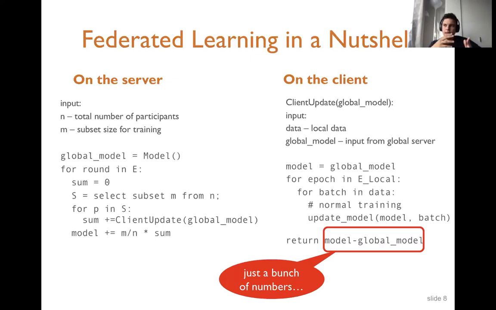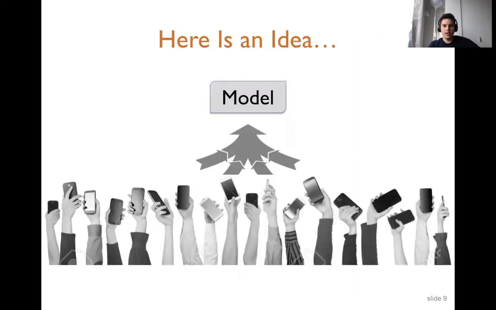And it results in a very interesting side effect where before, the server or the company could have just looked at the data and seen if the data is good or bad. In this case, what you send is a model. And in fact, it's just a bunch of numbers, just matrices. And it's a little bit less clear what this model does compared to just looking at the raw data.